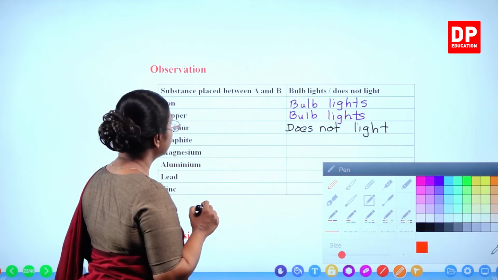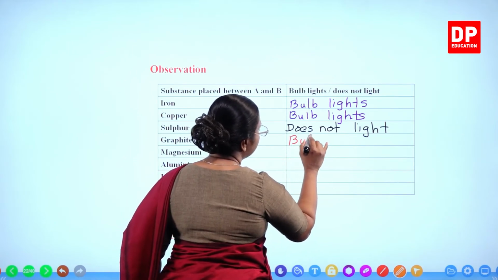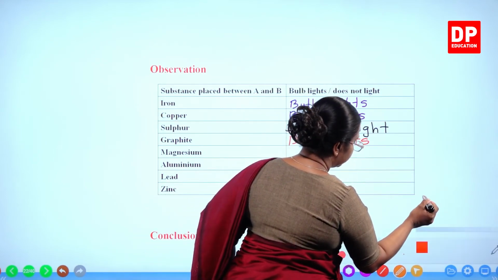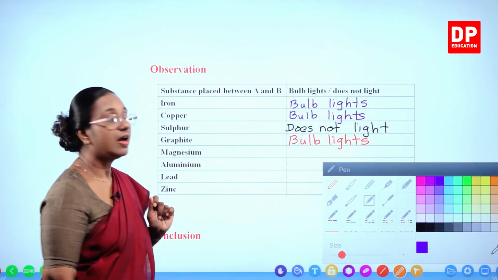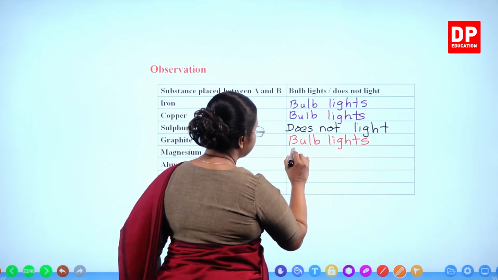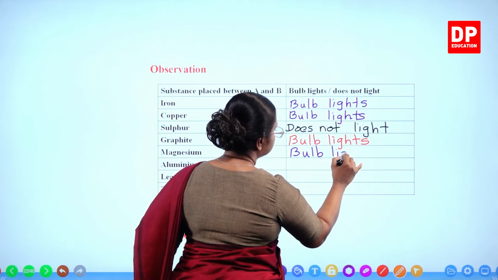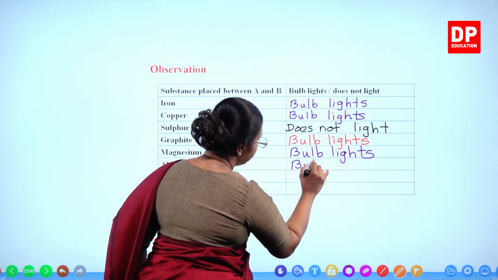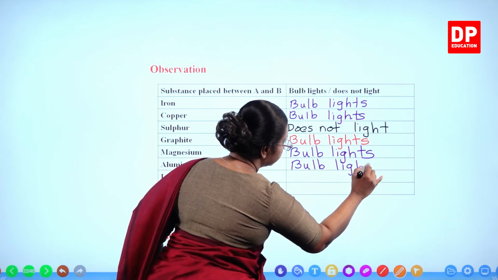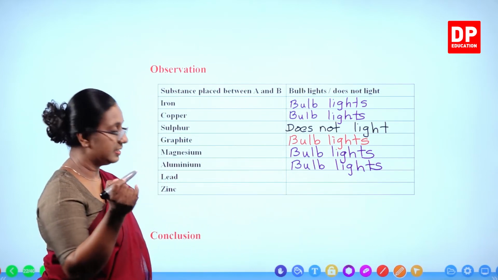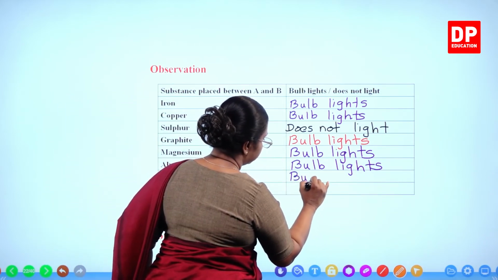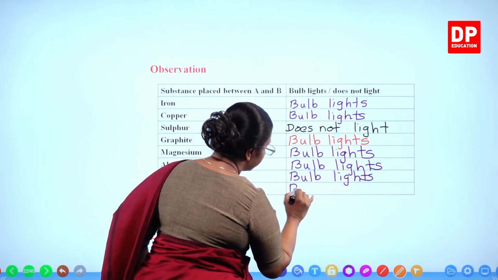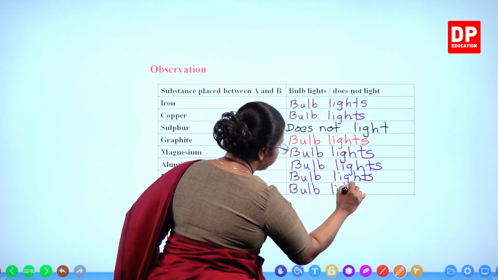So I will use a different color. Bulb light. Then we have magnesium. Yes, bulb lights. Aluminium. Yes, you were able to see the bulb light. Then lead. Yes, bulb light. And zinc also, the bulb light.